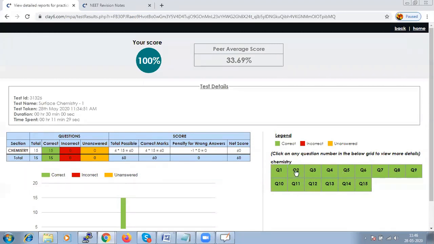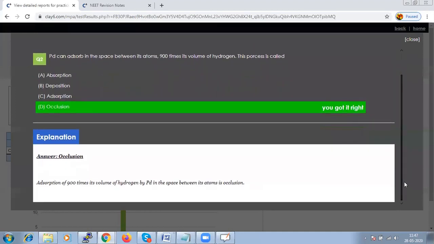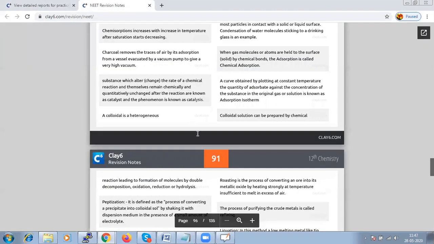If you have gone wrong anywhere, you can click on the question. It will give you the right option, and in addition you will have an explanation of that particular question. So do practice taking tests and learn the concepts of the chapter with the help of revision notes. It will help you go through the notes in a short duration.